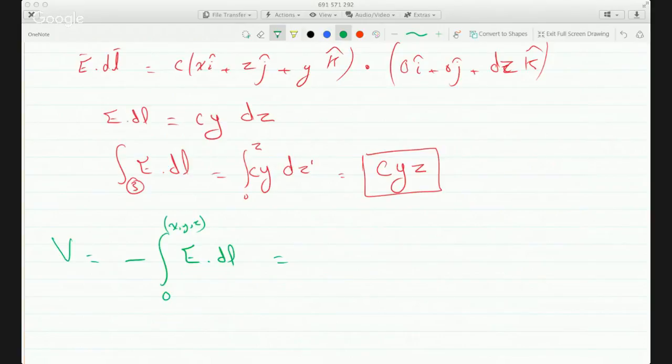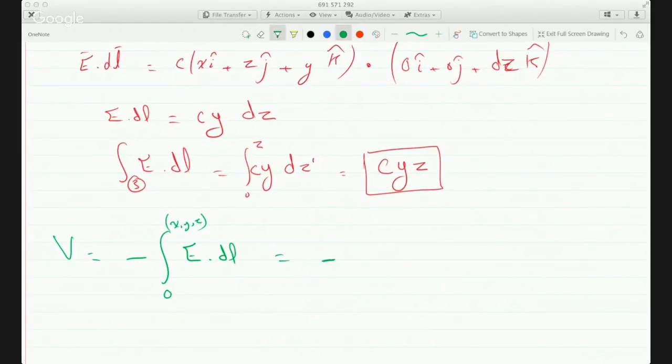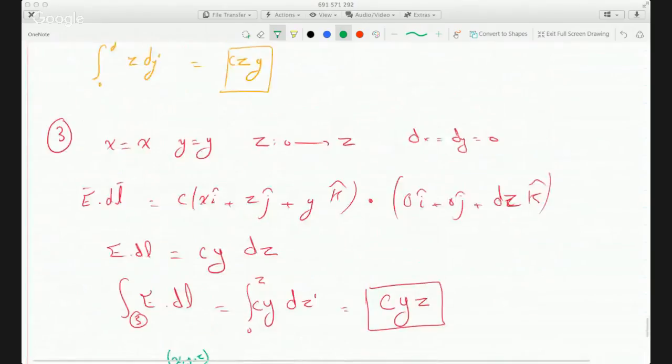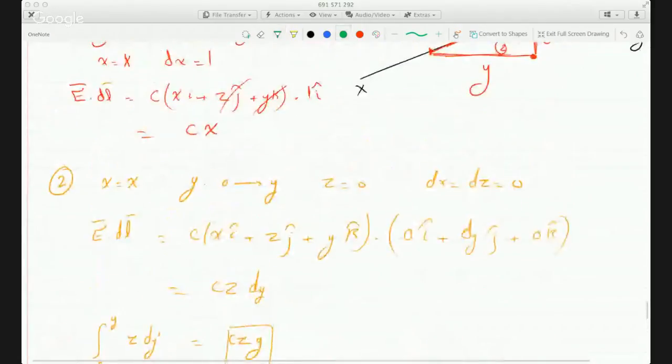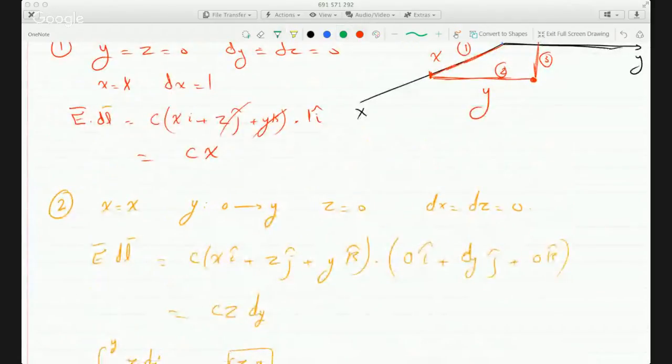And we know that V at 0 is 0, because we chose the 0 to be the point of origin. And so now I could just add the 3 paths, so I would get minus. The first path was, oh, I didn't do the integral.